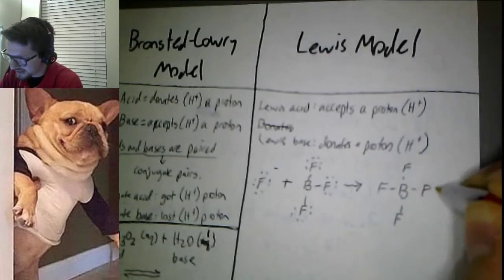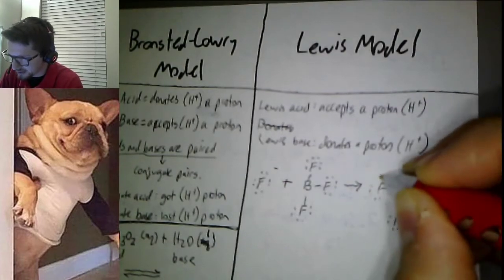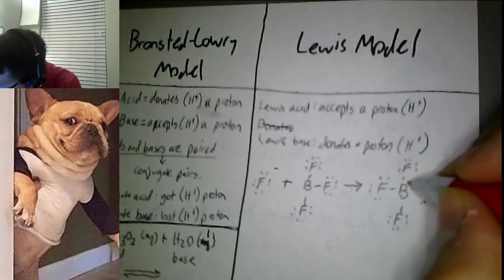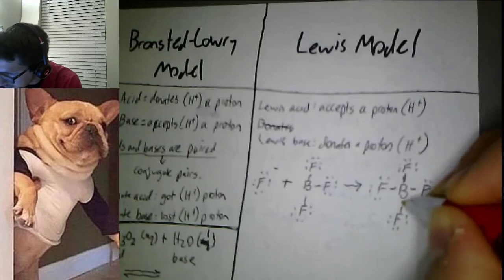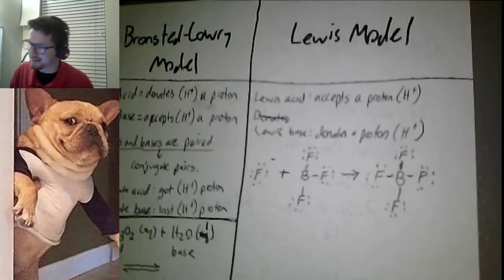We should all join hands and create one big compound. So you end up with boron tetrafluoride. They all work together. So the question becomes, who lost, who gave up something, and who gained something?